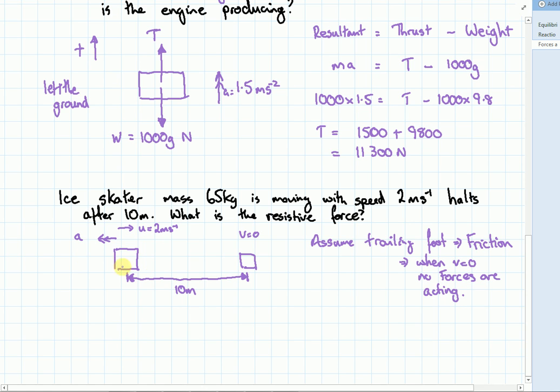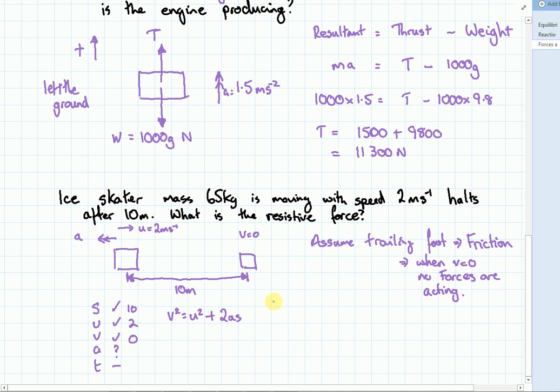Now the first thing I've got to do is work out what this A is. So let's do SUVAT. Distance I know, that's 10. U I know, it's 2. V I know is 0. A is what I want to work out, no time. So which equation? V squared equals U squared plus 2AS.